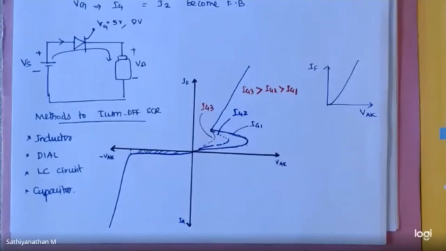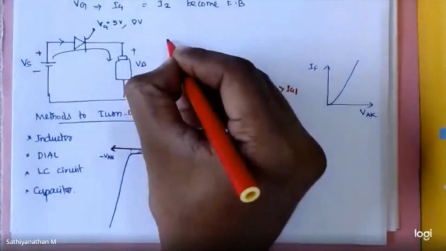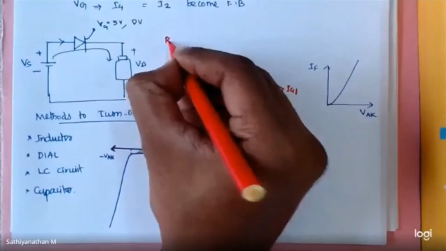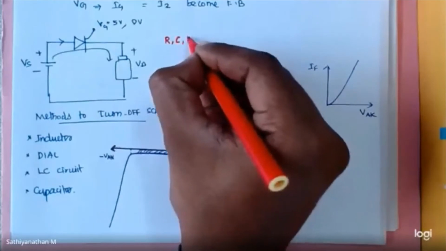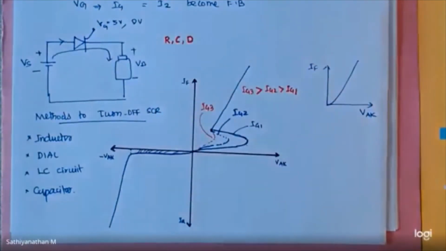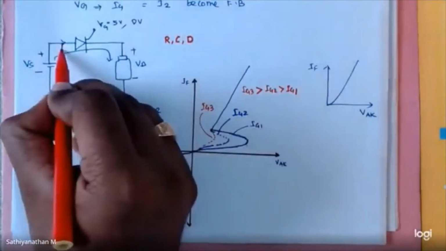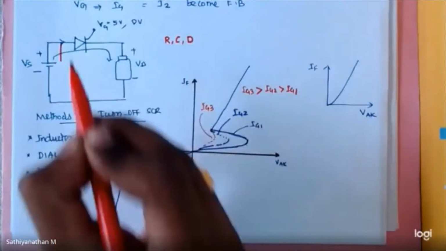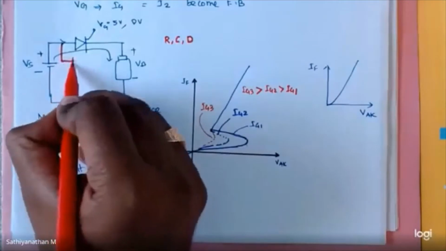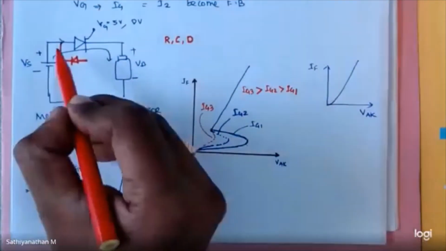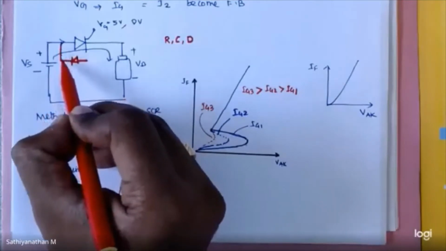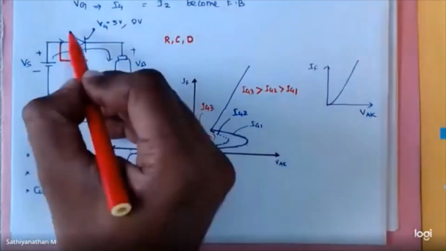Okay. So we can use 3 different devices, passive elements like R, C and D: resistor, capacitor and diode. You can connect a diode in anti-parallel direction to avoid the bypass of source current.